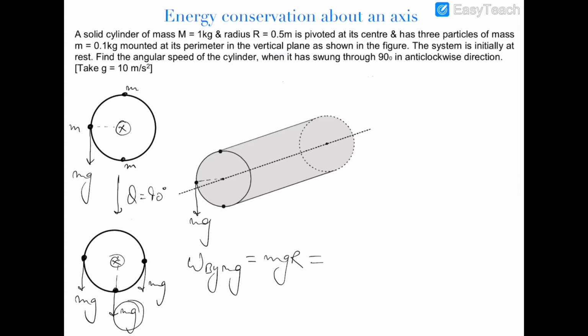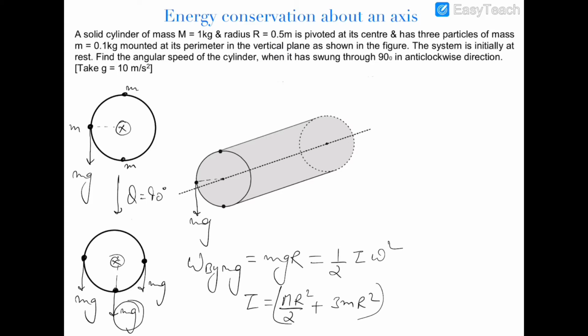Now we have already discussed that in rotational motion the kinetic energy is half I omega square only, because this is a pure rotational motion. Now the moment of inertia of this system about this axis would be capital M r square by 2, this is for the solid cylinder, plus 3 mr square. This is for the three masses which are attached on the periphery of the cylinder.